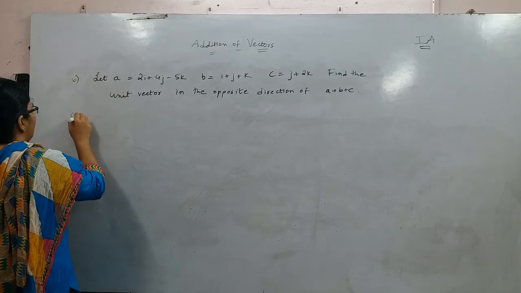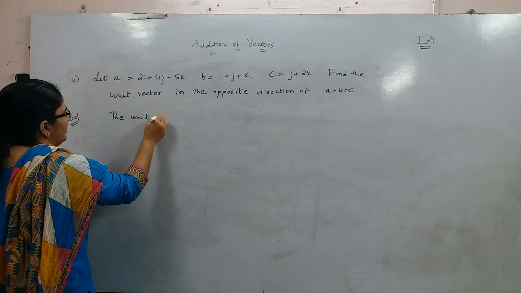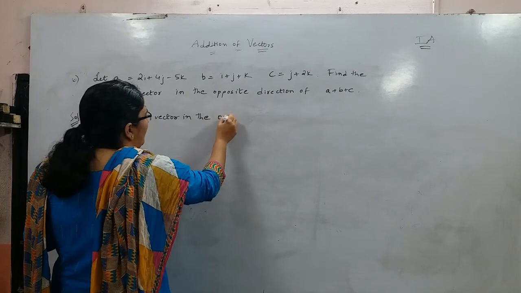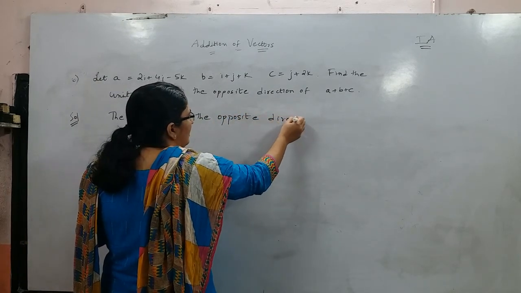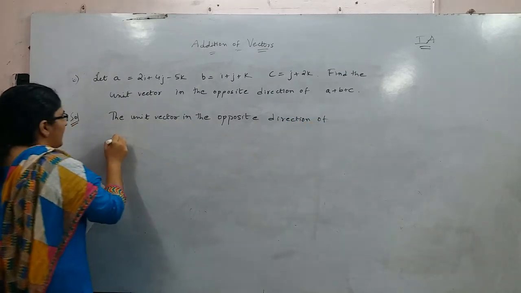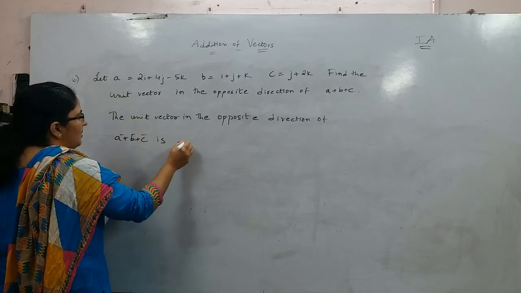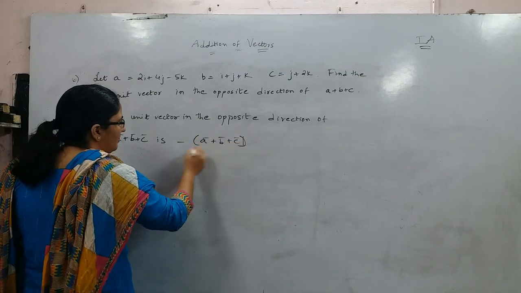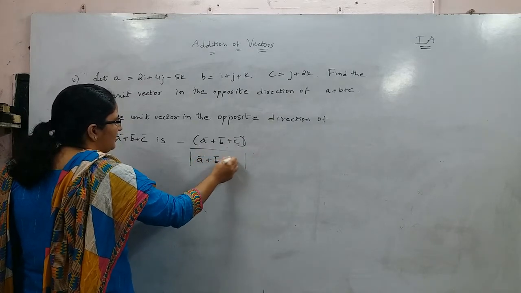Solution. The unit vector in the opposite direction of A plus B plus C is minus of A bar plus B bar plus C bar by modulus of A bar plus B bar plus C bar.